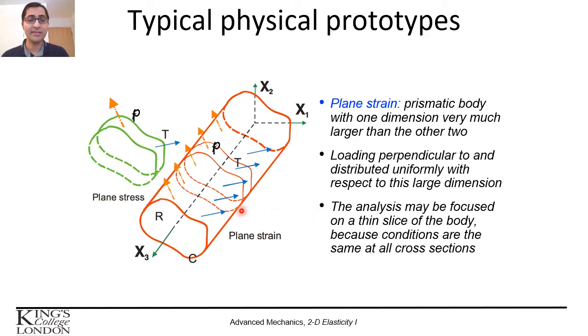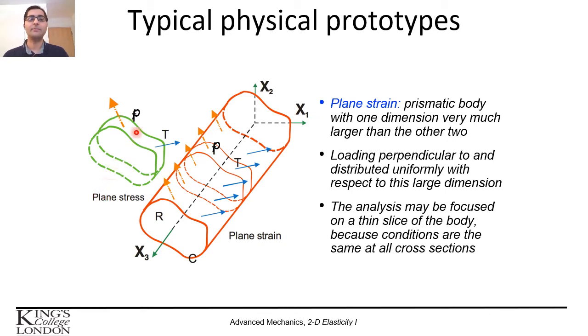But in this case, we assume that there is no strain perpendicular to this thin plate, compared to the case of plane stress, that we had again a thin plate, but we assume that the stress is negligible or zero perpendicular to that plate.